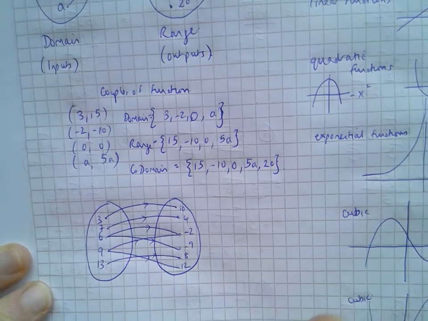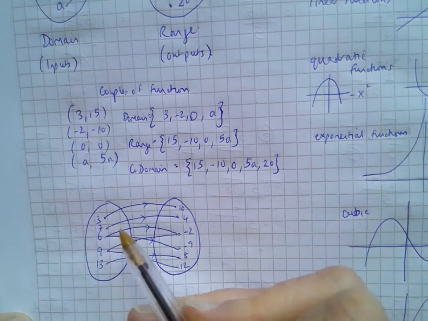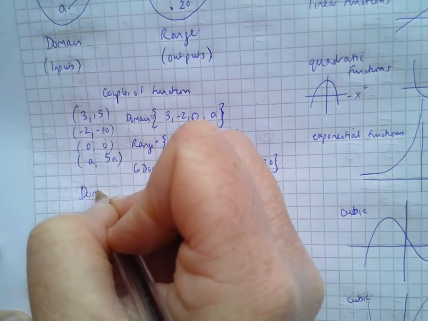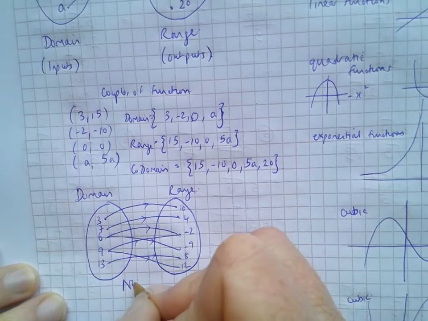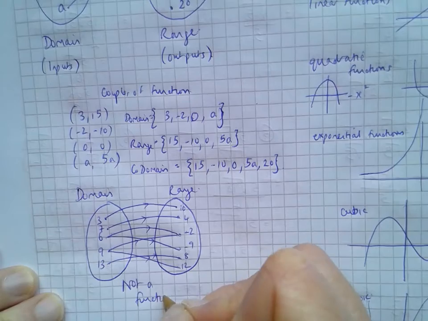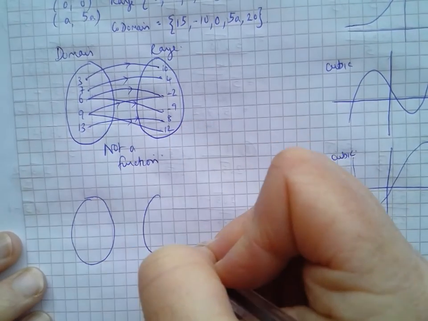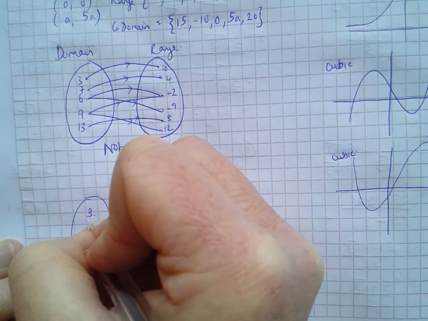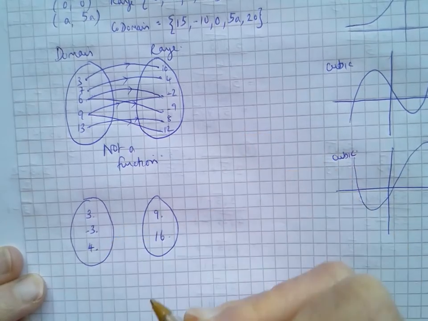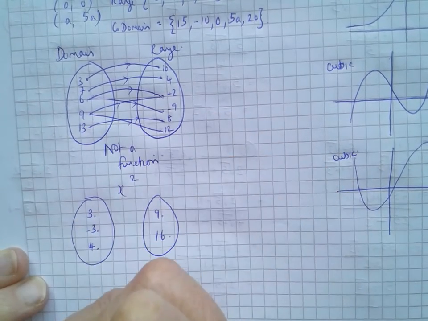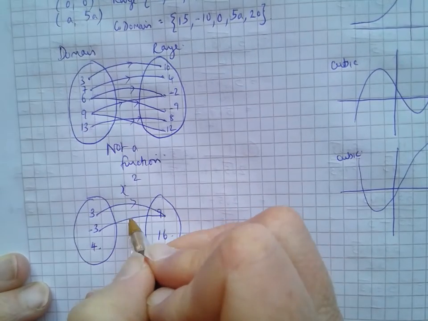If you see here, there are 2 arrows going from an element in the domain to an element in the range. There's 2 arrows, so this is not a function. However, if we had a smaller one here, let's say 3, minus 3, and 4, and we had 9 and 16, if this was the function x squared, well, 3 would go to 9, and minus 3 would also go to 9, and 4 would go to 16.